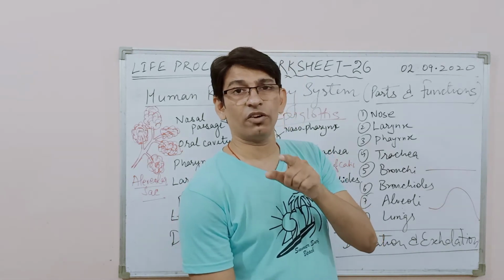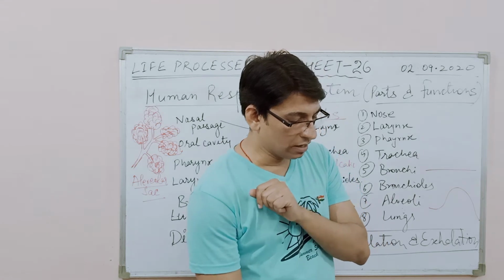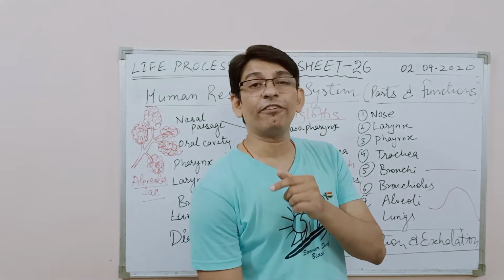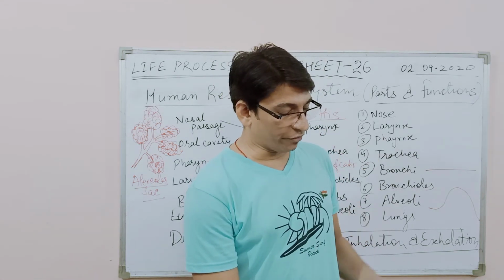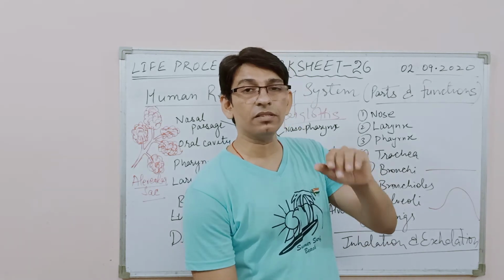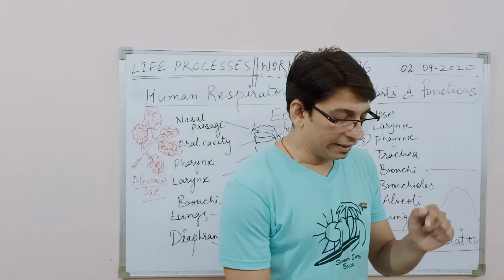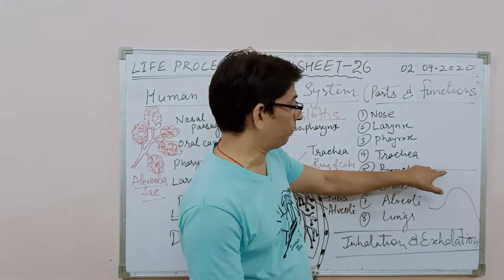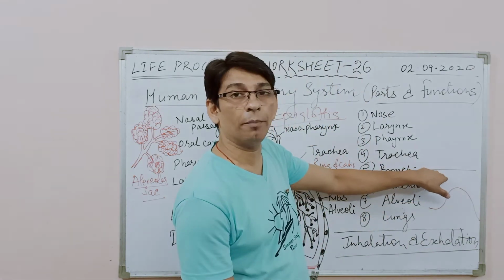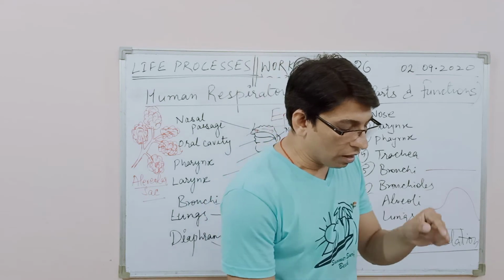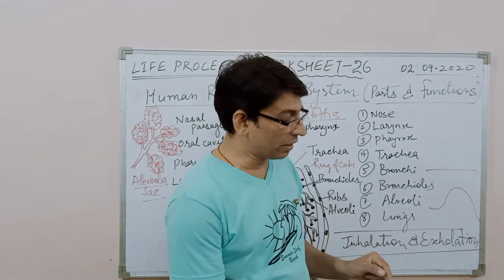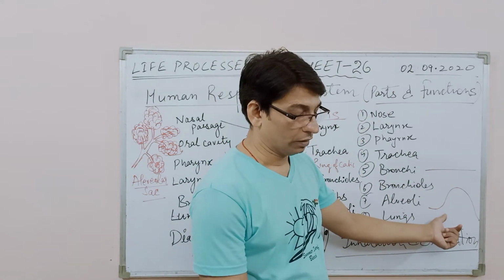Now you can answer why it expands and contracts. The ribs lift up. During exhalation, what happens? Ribs move downward. Third, the diaphragm becomes flat in shape during inhalation, and during exhalation the diaphragm becomes dome shaped.